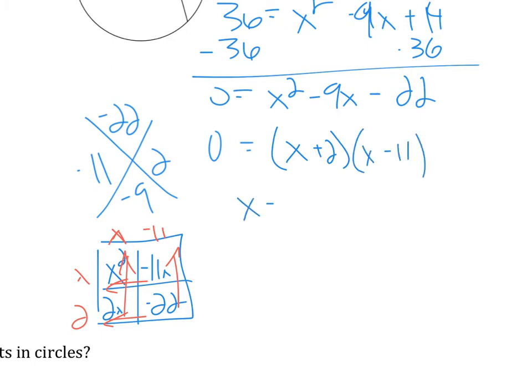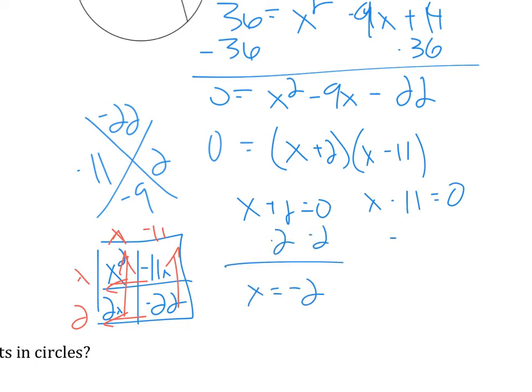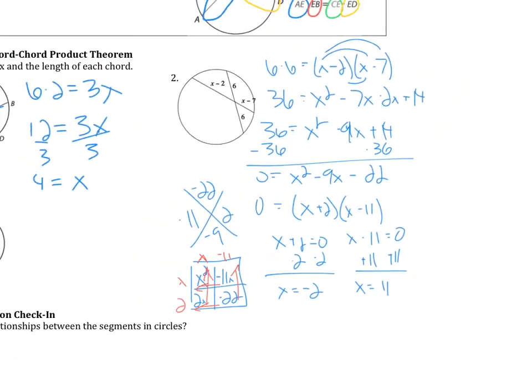Set each of those equal to 0, so x plus 2 equals 0, x minus 11 equals 0. Subtract, we get x equals negative 2. Add, and x equals 11.